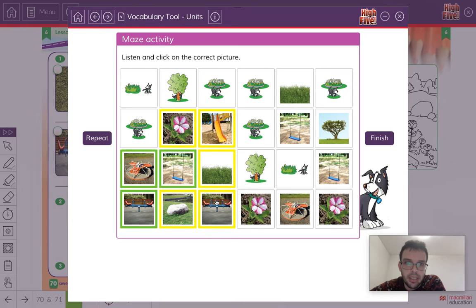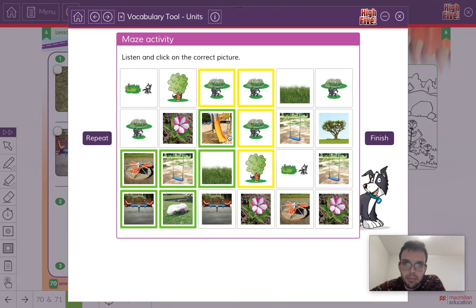Which picture is this? That's right, this one. We can run on the grass. Which picture? That's right, this one. We can play on the slide. Which picture is it? That's right, it's this picture.